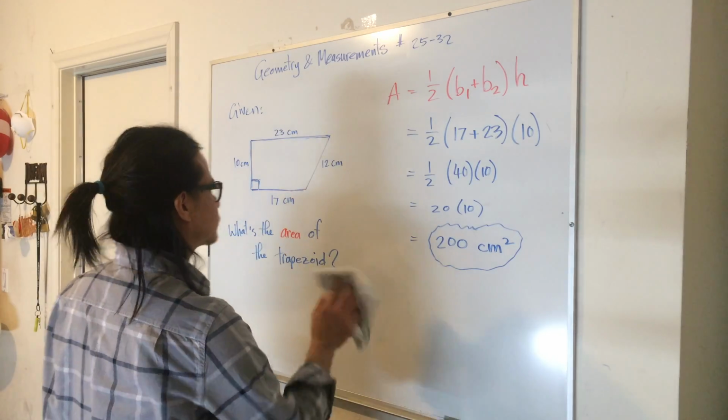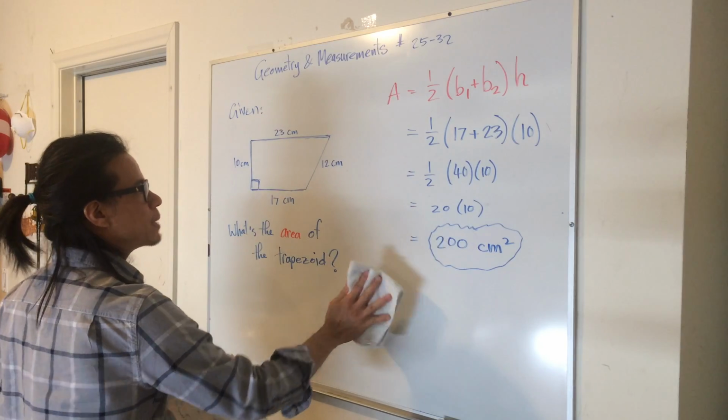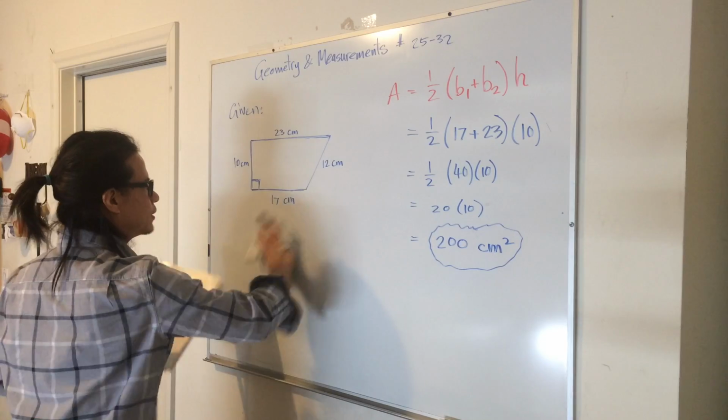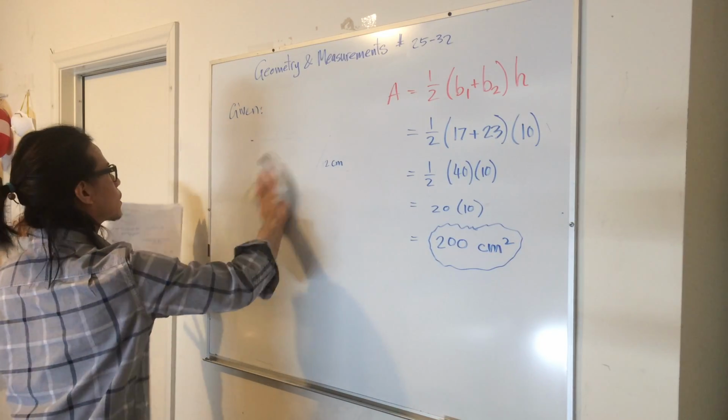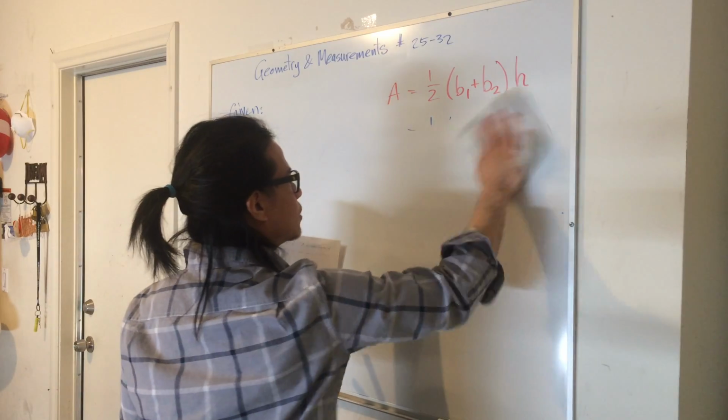Okay, so please review this, make sure that you understand how we use that formula to find area of a trapezoid. Okay, let's play with this formula a little bit.